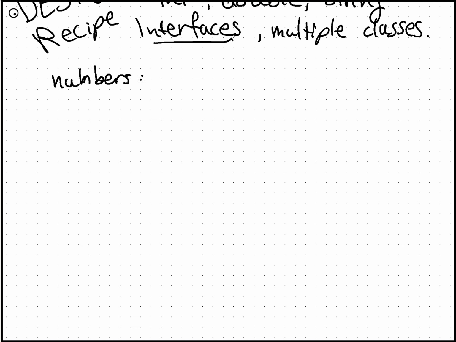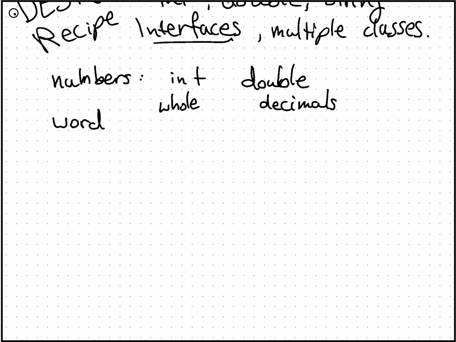Do you remember? Sure, ints and doubles, so whole numbers and decimals. And we learned about strings, so words, and essentially that was pretty much it in terms of representing information.